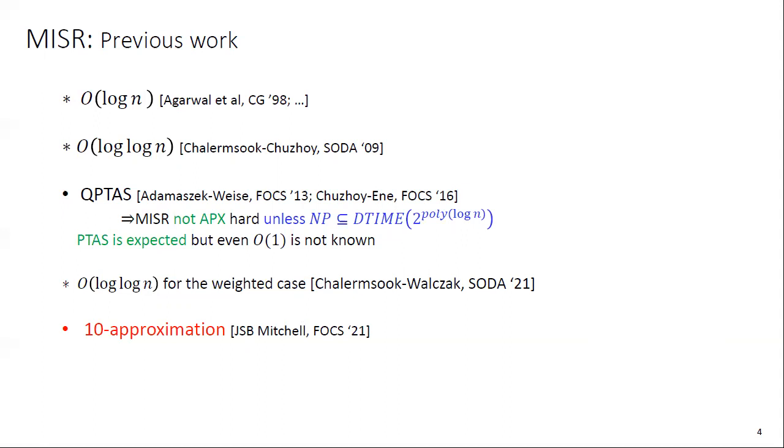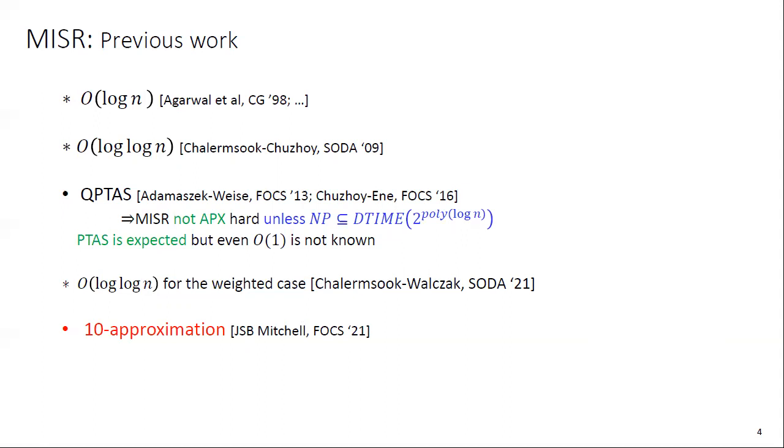It's not a polynomial time algorithm anymore, but a quasi-polynomial time one. And it's a PTAS, so it's a 1 plus epsilon approximation, but in time n to the polylog n. And this actually shows that a PTAS is expected for the problem.